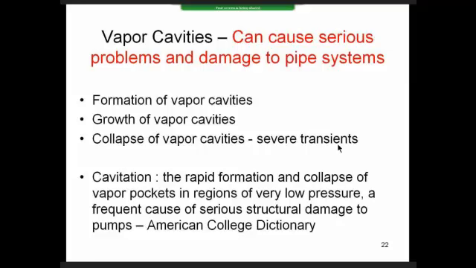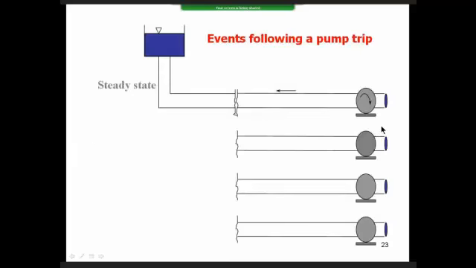It says, as shown down here at the bottom of the slide, the rapid formation and collapse of vapor pockets in regions of very low pressure are a frequent cause of serious structural damage. Well, that's basically true.